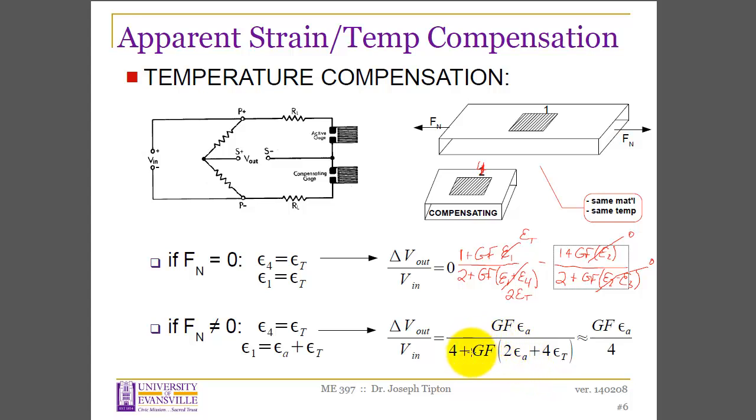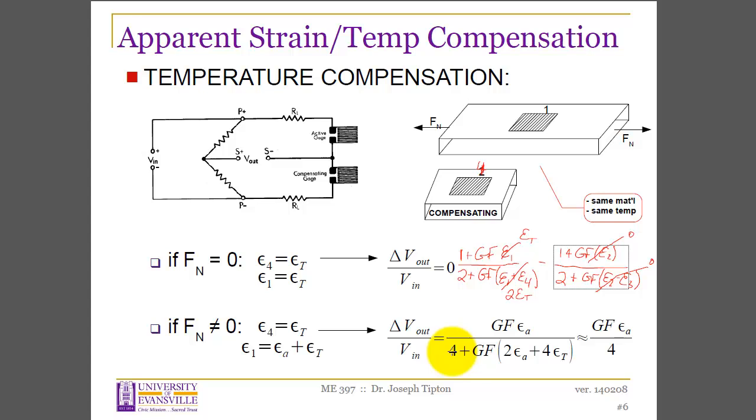Remember, gauge factors are on the order of 2, and strains are on the order of a microstrain, so 1 times 10 to the negative 6. So consider this. I have 4, and then I have 2 or 4 times 2, so let's say that's 8 most conservatively, times 1 times 10 to the negative 6.